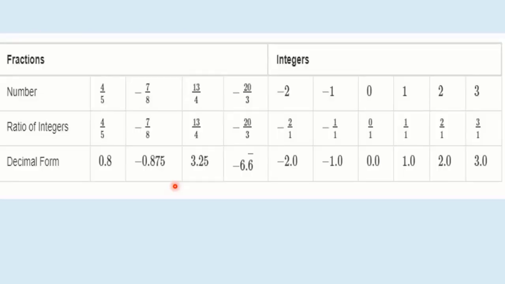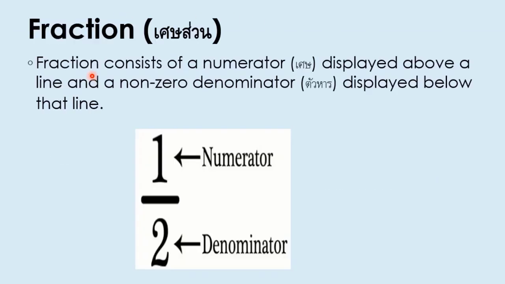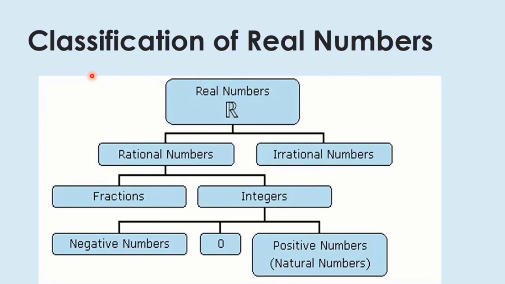Okay, now this is very important. You have to concentrate on this, as we studied that integers and fractions are basically two categories of rational numbers.